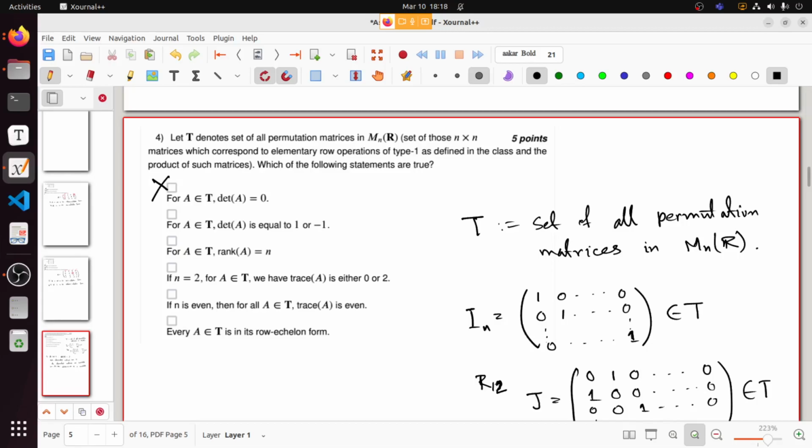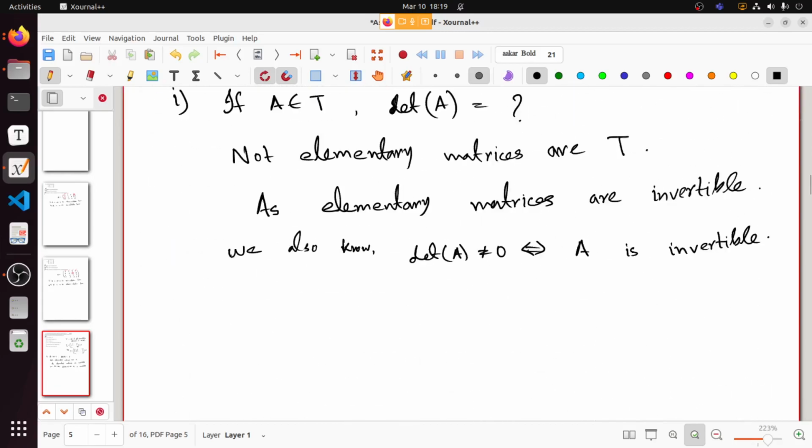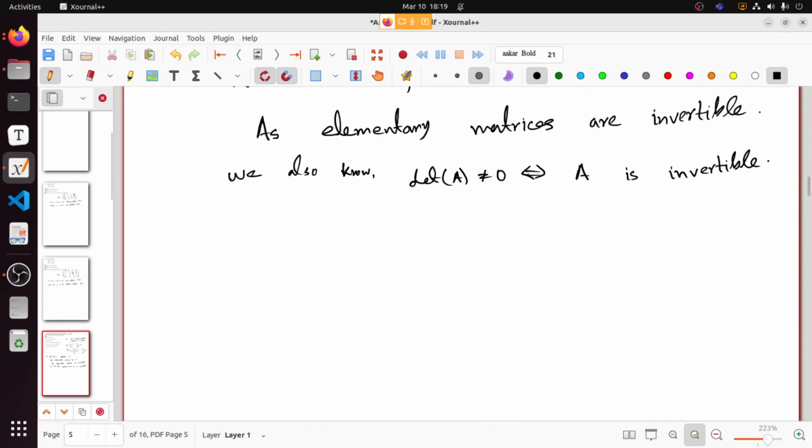It is saying that for A belonging to T, the determinant of A will be equal to 1 or minus 1. So let's check this. If A belongs to T, then the determinant of A is either plus 1 or minus 1, right?